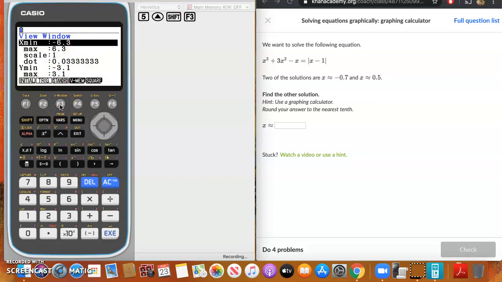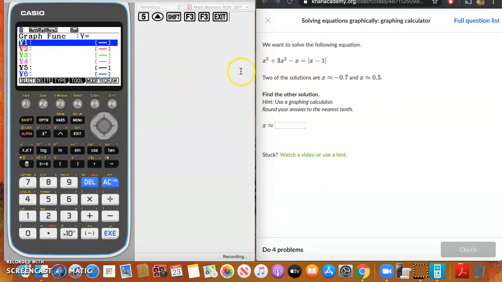So F3 sets everything to standard viewing window, which means that my minimum x value is -10, my maximum x value is +10, and likewise for my y values. So all you have to do is just press F3 twice, and your viewing window will be set to standard view. All right, let's get out of that now. And we are ready to start typing in our functions.